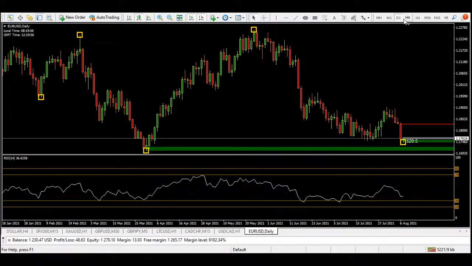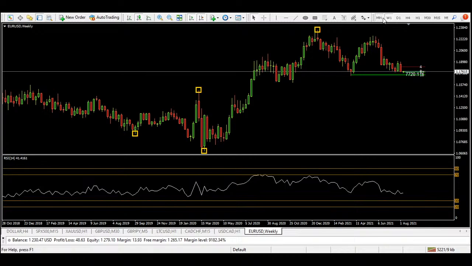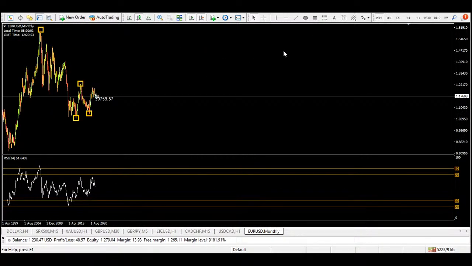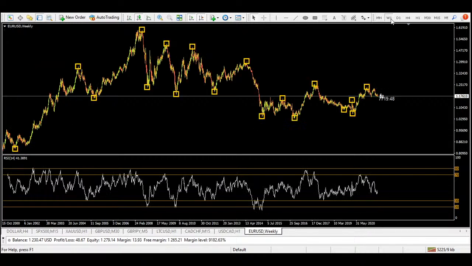What's it doing? Cutting down. Oh. Downtrend. Trying to make it push up.